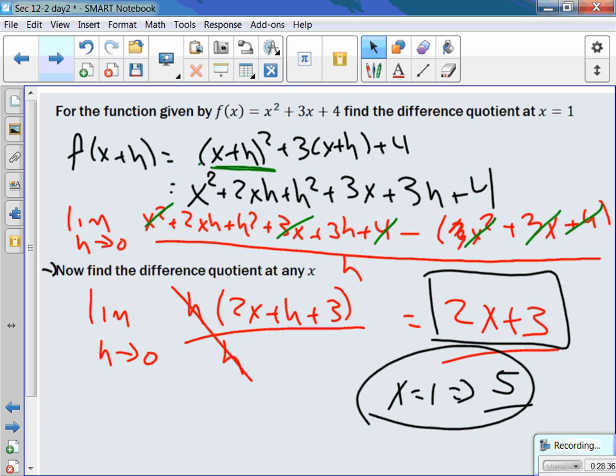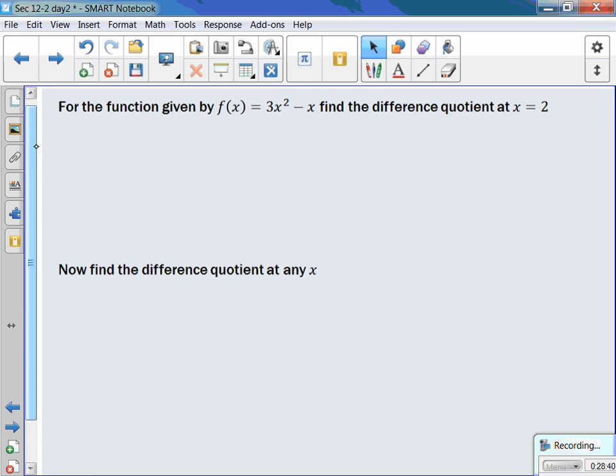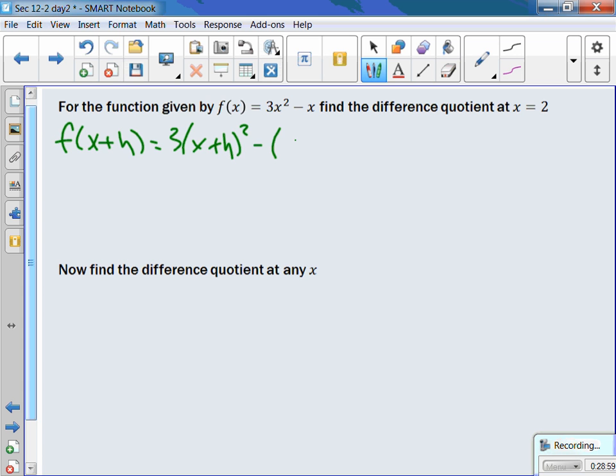Go ahead and start off, since it's asking us for any x, evaluate the any x first, right? So, yes, no?